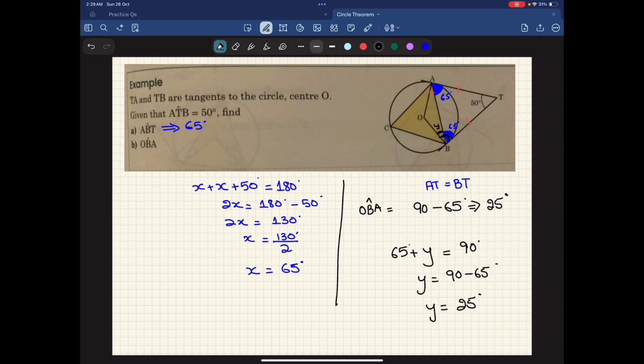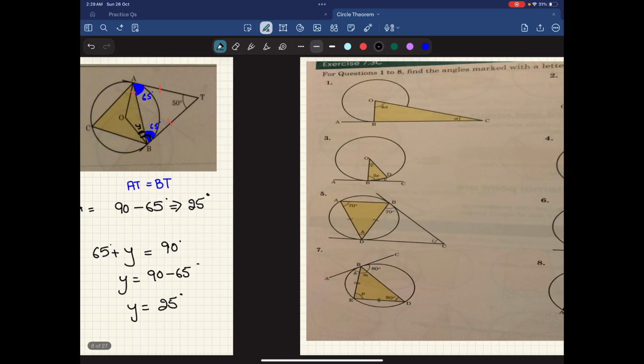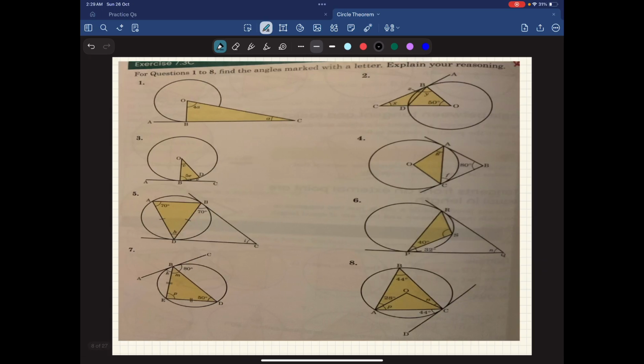Okay, I hope this question was clear. So this is the exercise, and now I'm just going to apply the theorems and properties here to find the angles marked with a letter and explain your reasoning. So you have to give a one-line reason for your calculations.